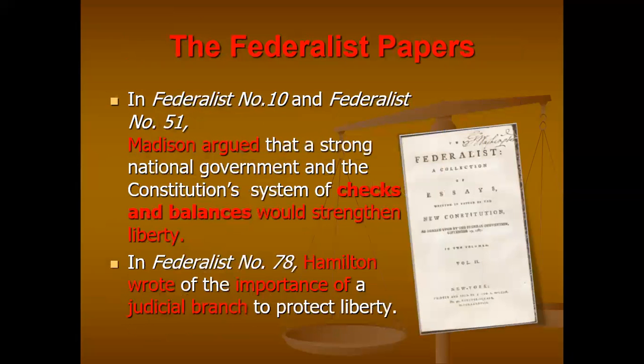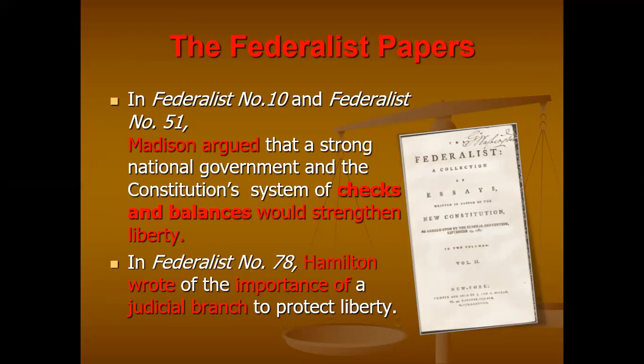So, the Federalist Papers, let's get into that a little bit more. In Federalist Paper number 10 and number 51, James Madison is arguing that a strong national government and the Constitution's system of checks and balances would strengthen liberty. It will ensure that the people will not be abused by the government because the branches will keep each other in check.